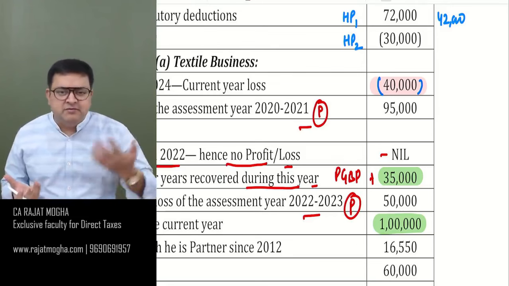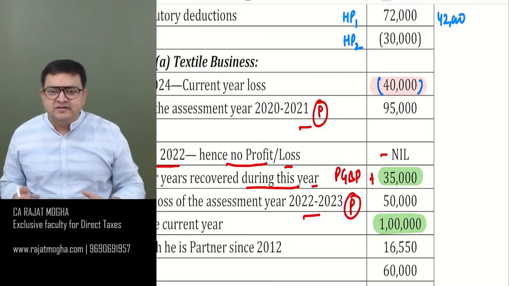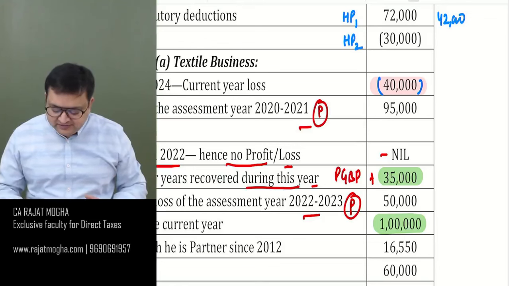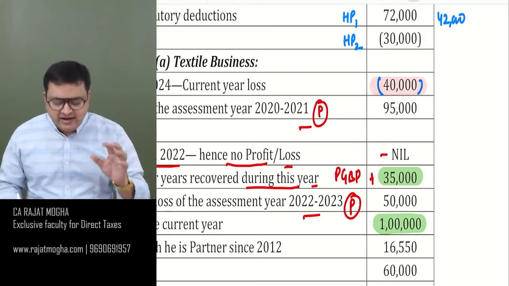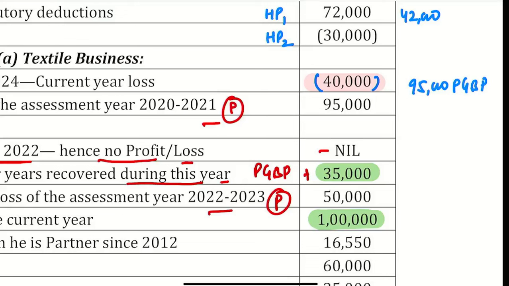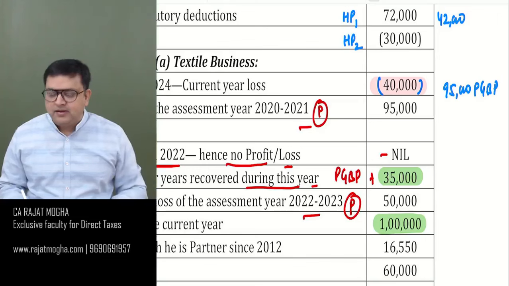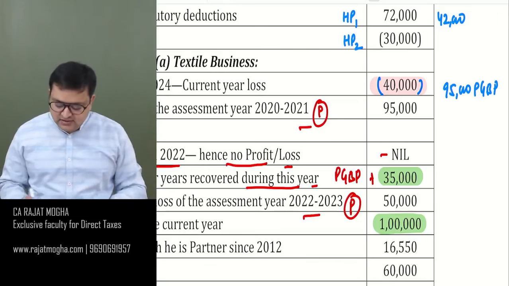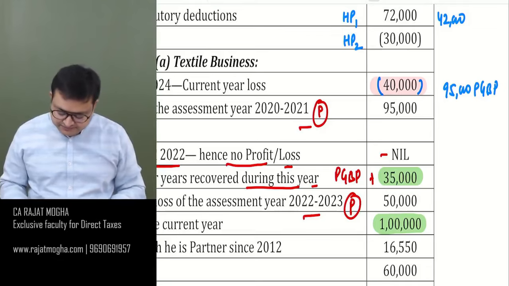It's his own PGBP 1, PGBP 2, PGBP 3. He can easily set it off. So from this, 35 plus 1 lakh, 135 minus 40, I'll get 95,000 as my PGBP for the current year. Everybody understood this or not? Good. Correct. Very nice. Now I have my current year PGBP.